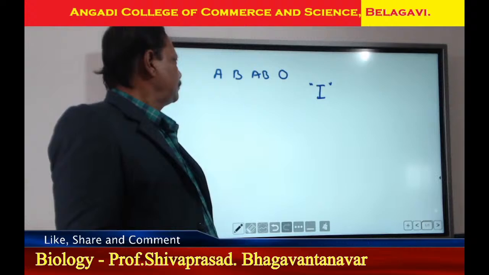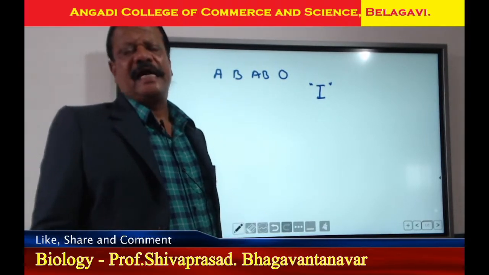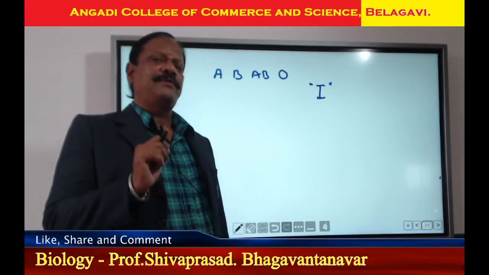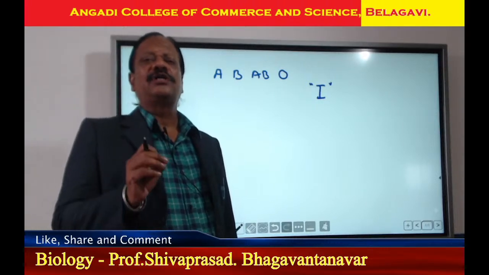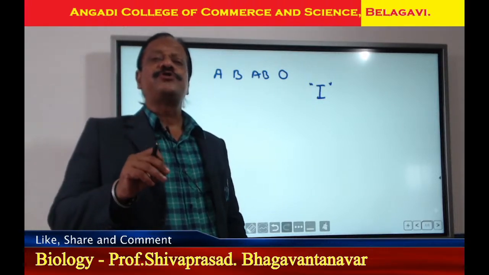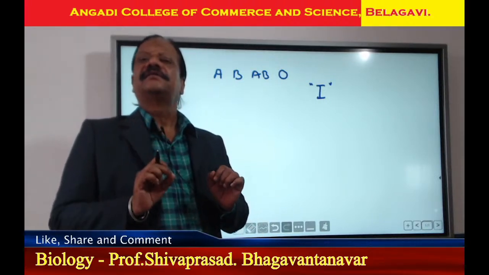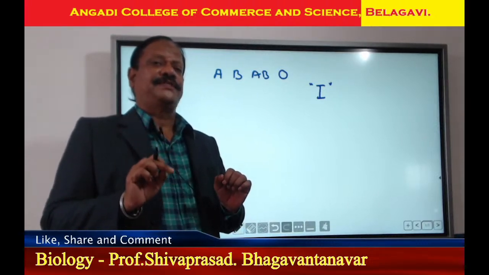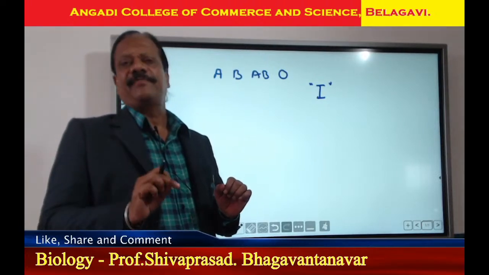And here, A and B, if you are taking, they are having a special kind of sugar. RBCs are producing sugar. The sugar tries to protrude out from the plasma membrane of the RBC. And here, depending on the kind of sugar which is present, the blood groups are named.